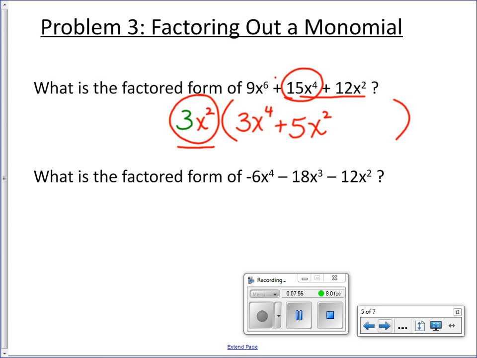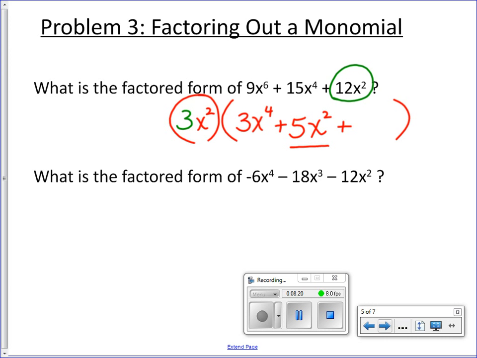Just to review, 3x squared times 5x squared will give me 15x to the 4th. And finally, I want to ask myself, 3x squared times what will give me 12x squared?